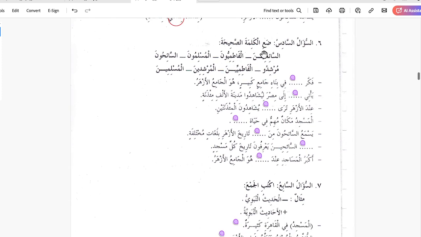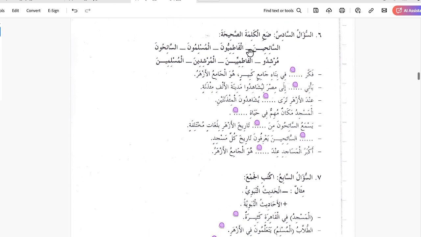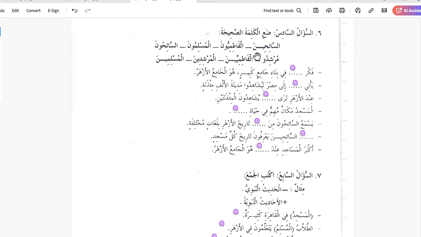Sixth question. The al kalimat is sahih. Put the correct word. So here we have asaihina, asaihuna, both una, ina, fatimiyuna, fatimiyina, una, ina, muslimuna, muslimina, una, ina, murshadu, murshadina.